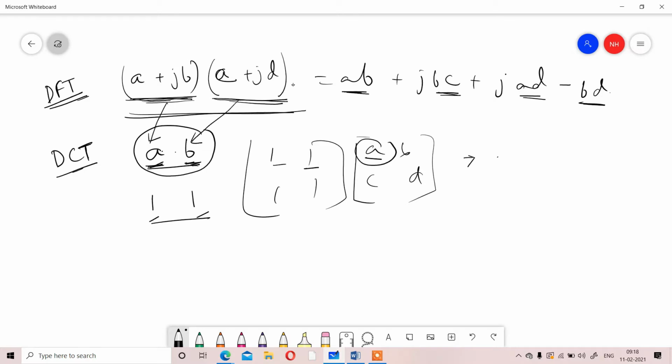So simply the first value will be a plus b, like that. You don't need to consider the multiplication; you can avoid all the multiplication. Simply the remaining part will be the addition.